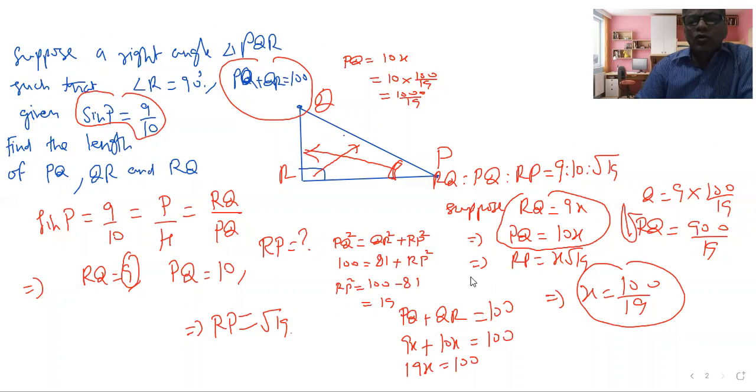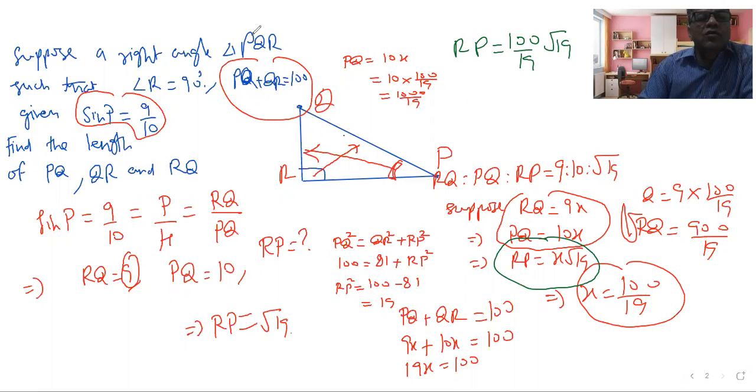Okay, student. Now you have to find the value of RP. So what is RP? You see here, RP equal to x root 19. And what is the value of x? That is 100 by 19. So you get 100 by 19 into root 19. So this is the value of RP. Okay, student.